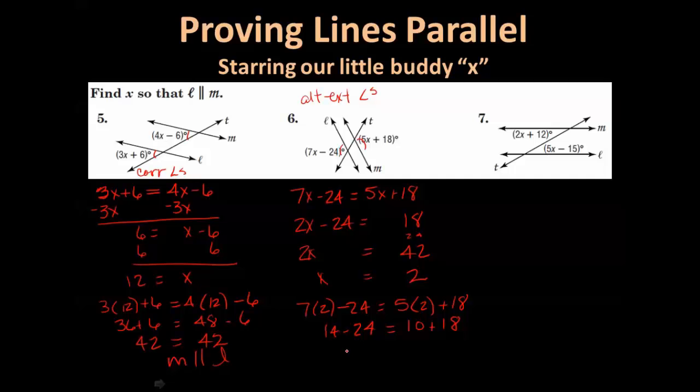14 minus 24 is going to give me... I'm sorry, I was just sitting there thinking. 14 minus 24 gives me a negative 10. That gives me a 28, and I'm wondering if I did all my math correctly. Okay, I got 5x there.